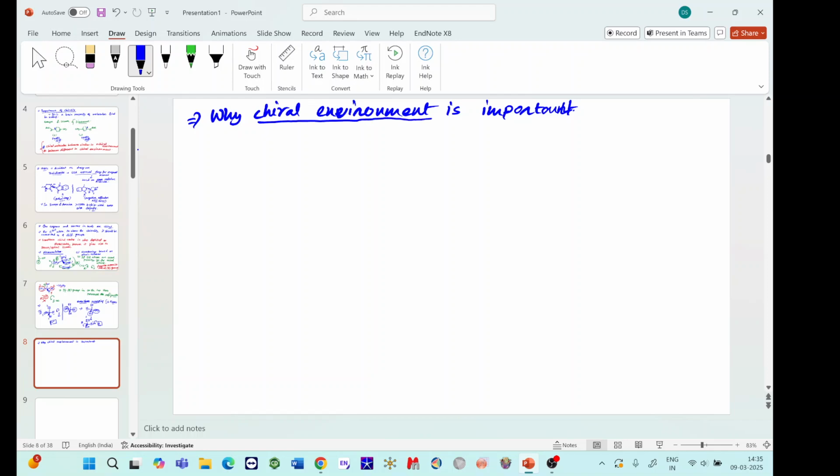What are the chiral environments? It may be some measurements, a receptor, or a reactant, anything. Some physical conditions such as light also. Yeah, light can be polarized.